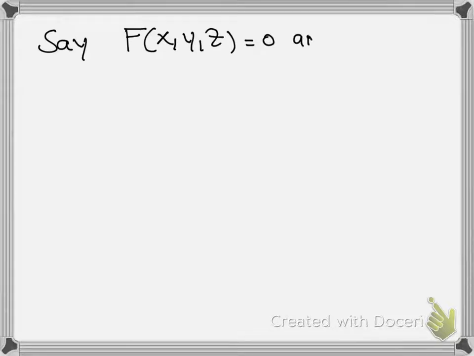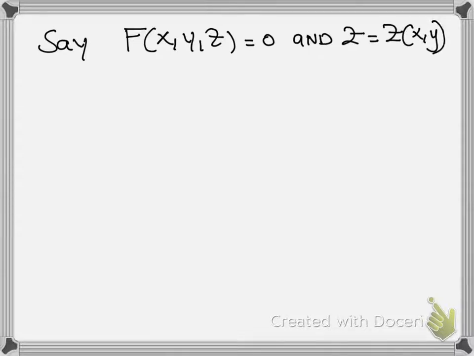Well, you can have more than 2 variables. Let's say you have 3 variables. So now let's say you have f of x, y, z equal to 0, and you know that z is a function of x and y.